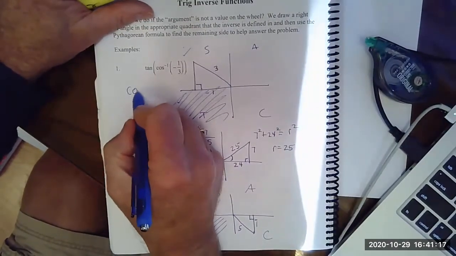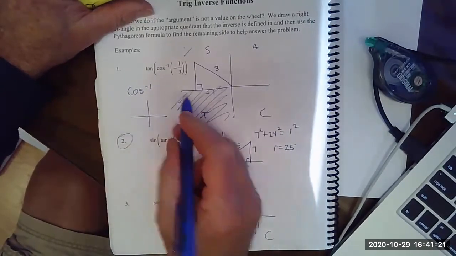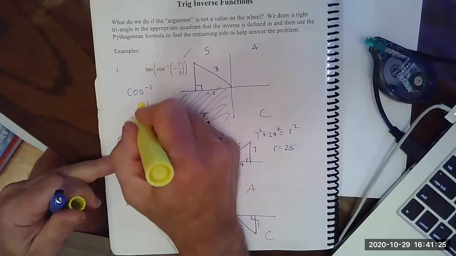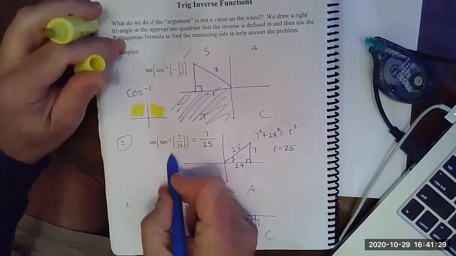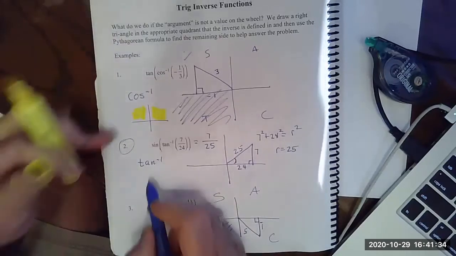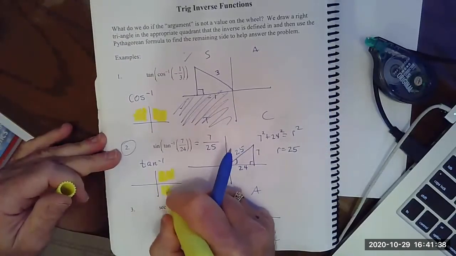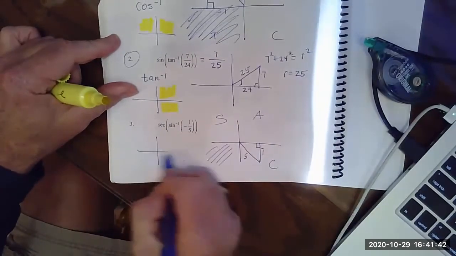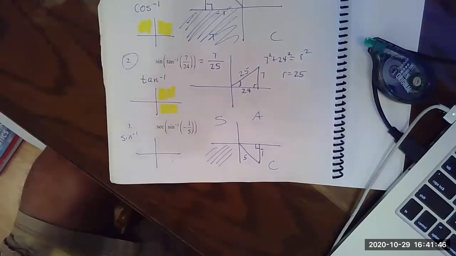Cosine inverse: the two quadrants where it's defined are highlighted here. Tan inverse. Sine inverse. That's what I'm looking for, the inside.